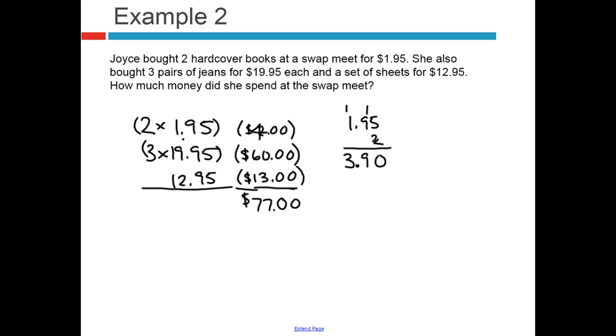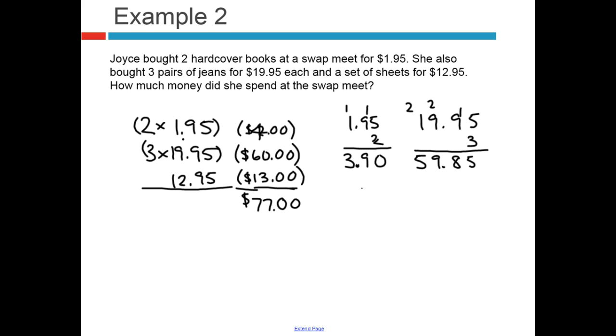What I then want to take is the $19.95 times 3. 5 times 3 is 15. 9 times 3 is 27, so I'll have 28. 9 times 3 is 27 plus 2 is 29. 1 times 3 is 3 plus 2 is 5. So the amount for the jeans is going to be $59.85, and then we'll add the $12.95.